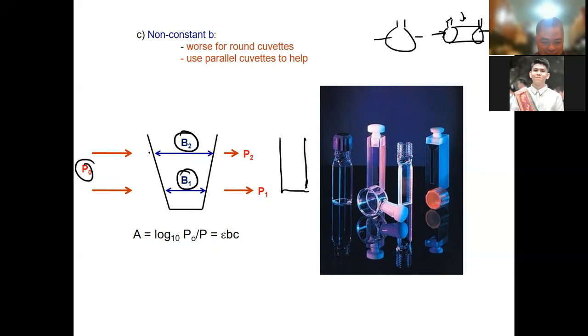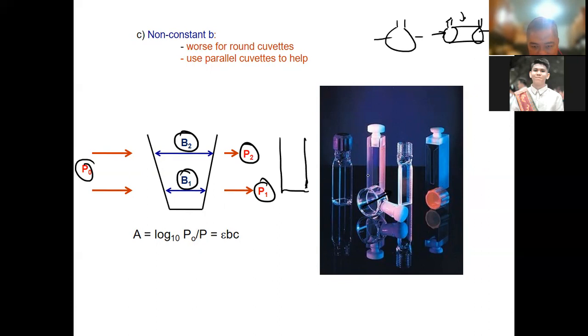Kasi mangyari kapag dito sa taas, ito lang yung amount na transmit. Kapag dito naman mas liit or shorter yung path, mas marami yung na-transmit na light compared dito. Kasi mas wider yung length nito, so mas marami yung na-absorb compared to the one that you have here. But you seldom see that because usually, sabi ko nga sa inyo, yung round cuvettes, usually we do it going here.